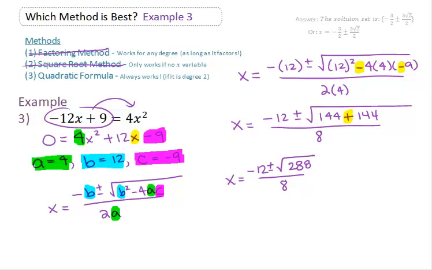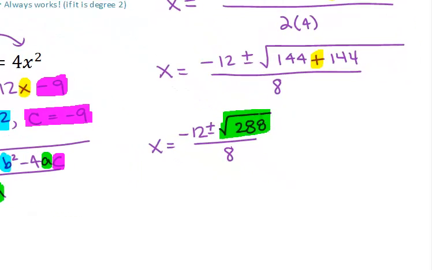Now, to simplify this further, I can simplify my square root of 288 using my good pi and my bad pi method. So my good pi is the square root of 144, because that is the largest square that divides evenly into 288, and my bad pi is the square root of 2, because 144 times 2 gives me 288.